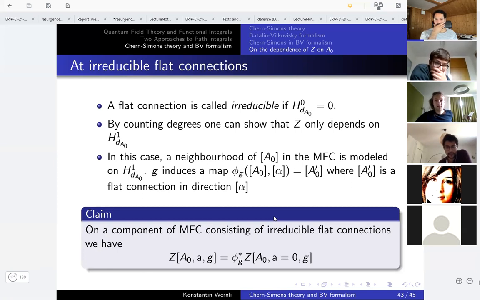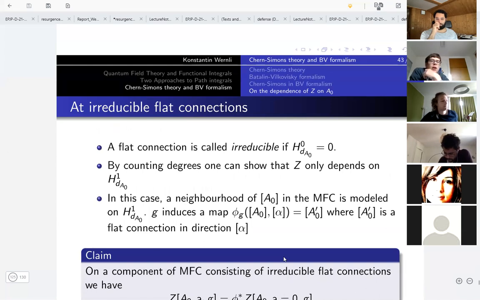And then the claim, this is the result that we're trying to write down, is that if I have a component of the moduli of flat connections which consists of irreducible flat connections, then the partition function evaluated on A is the pullback via this map phi_g when I set A to 0.